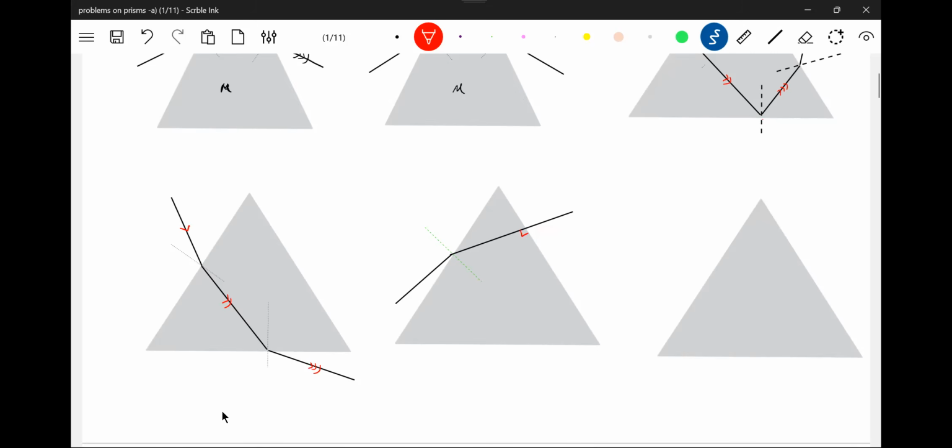Normally means the angle of incidence will be zero. Here the ray is moving from rarer to denser. If it is incident normally, the angle of incidence is zero, so it will not undergo refraction here. It will just emerge out here. This can also happen.